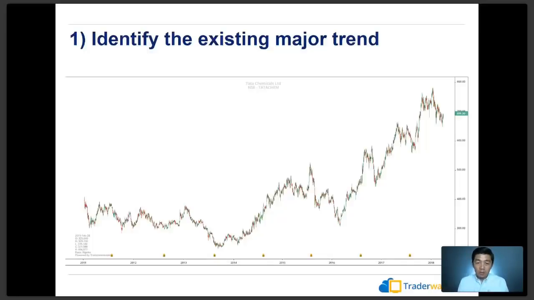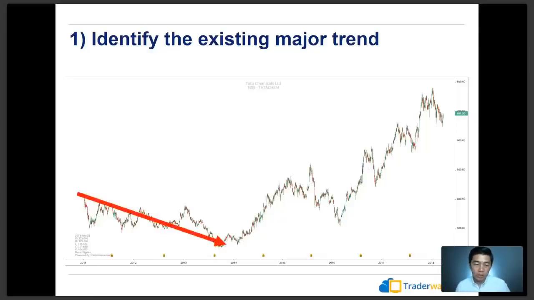So for example, for the benefit of those of you who are from India, I want to be fair to you, I use this Indian Tata Chemicals from the National Stock Exchange to illustrate to you. Live demonstration, and to be fair to Singaporeans, we'll do Singapore Stock Exchange stocks later. For Tata Chemicals, as you can see over here, the prevailing trend from 2011 to 2014 was generally down.